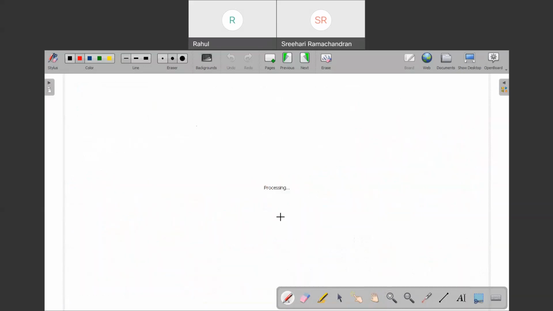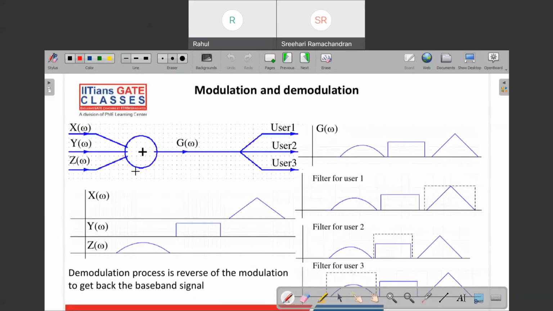Now let's see how modulation comes into the picture and how it helps us. So now when we have three different users, we can assign three different frequencies for the three different users. So for user X, I have assigned the frequency such that after the modulation or up conversion, it is somewhere here.